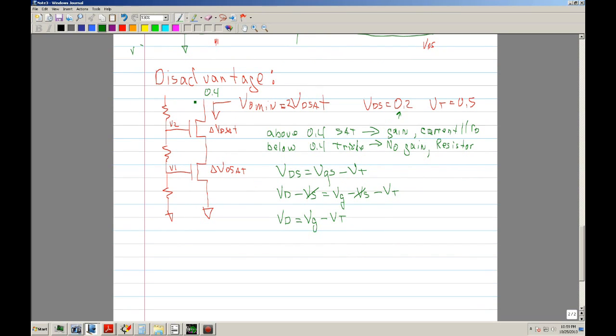In this case, we know what VD is right here, and we're going to see what VG is. So we can say VG is VD plus VT. We know that VD is 0.4, and then VT is half a volt.